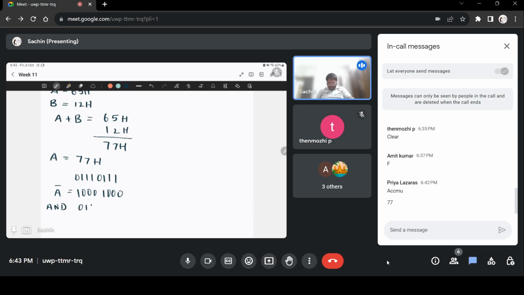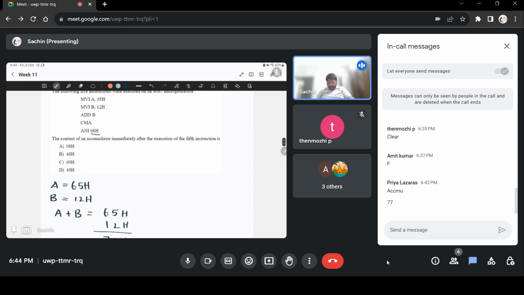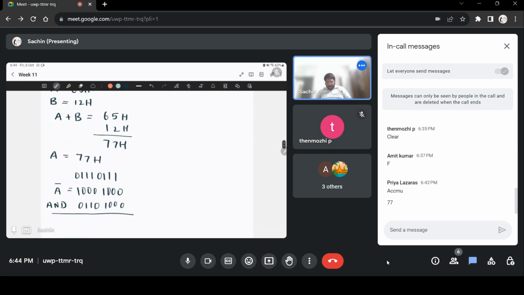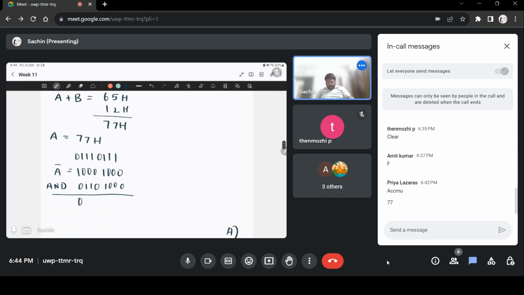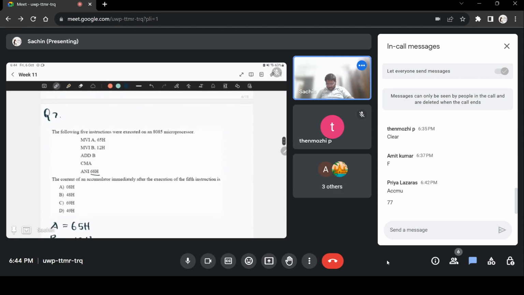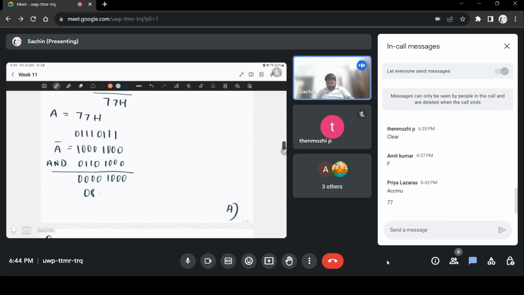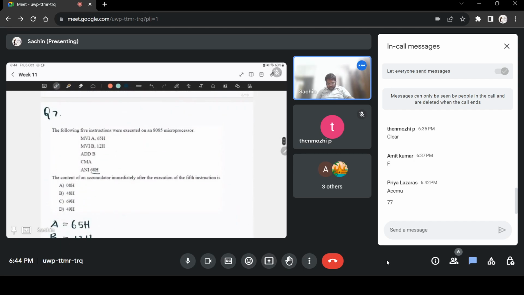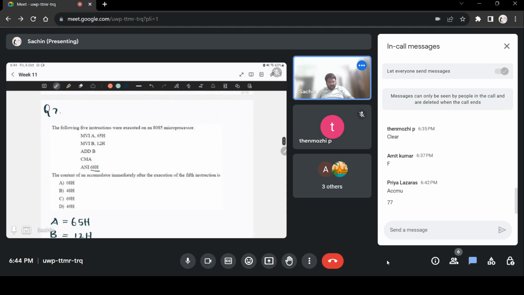What is that? 0110 1000. When you do AND, it means you are doing bitwise AND. So the AND of these numbers will be 08 in hexadecimal. So it's 08H.